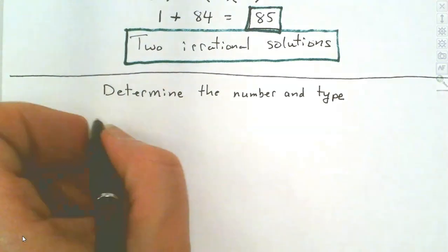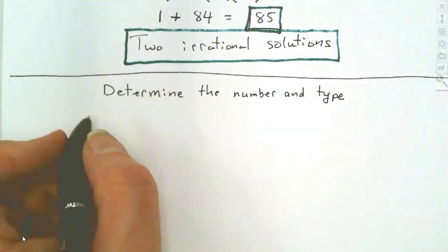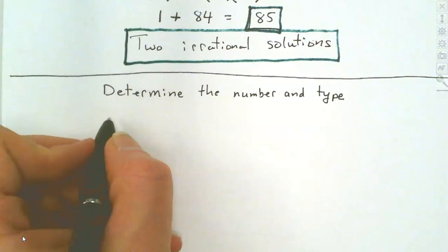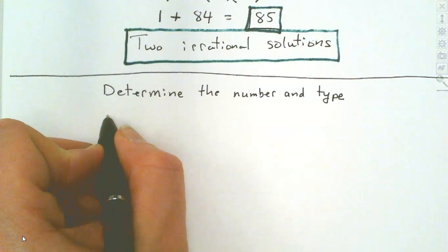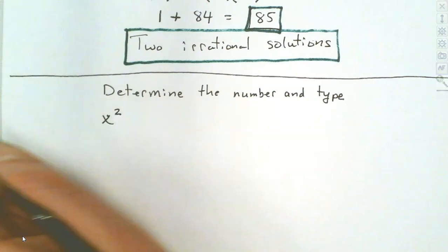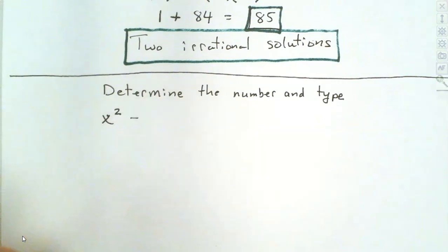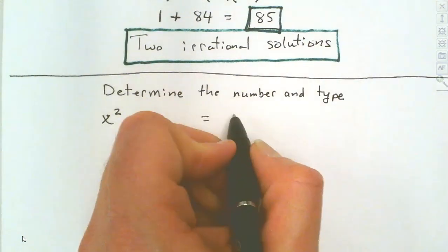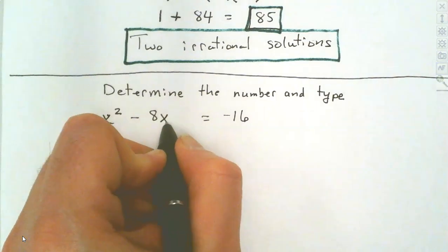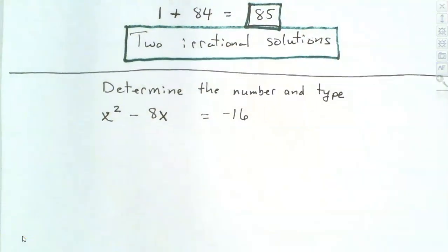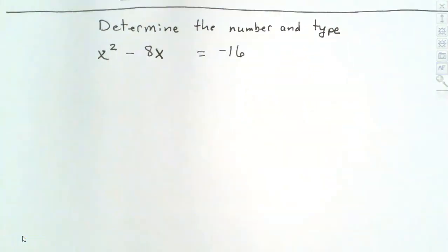So let's say we have x squared. We'll do a minus, and we'll make this a minus 16 over here. And let's use a minus 8x in the middle. So I want you to again determine the number and the type.